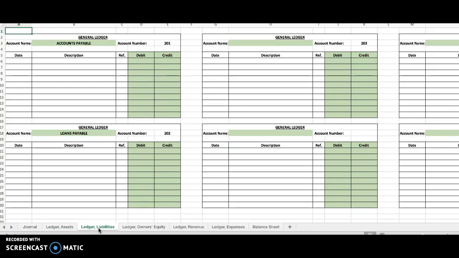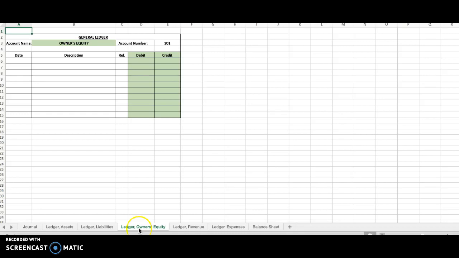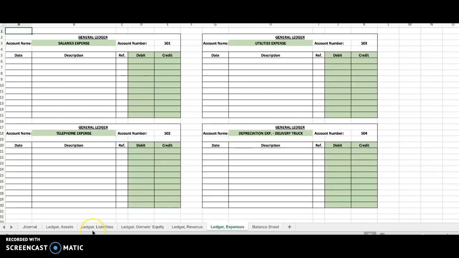Liabilities, we'll have a bunch of them probably during the year, but we're not going to be dealing with liabilities in this problem. Owner's equity, we have that account as we've had before, but won't be using that account. Neither will we be using the sales account, the revenue account, but we will be looking at something new in the expense accounts.